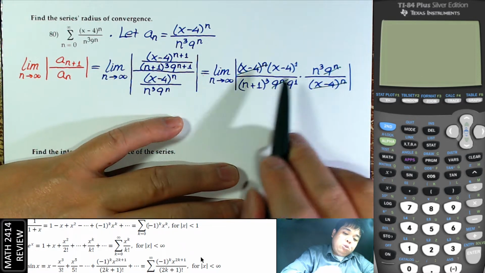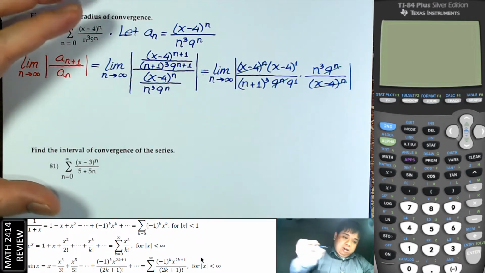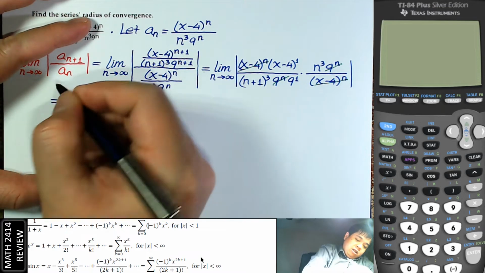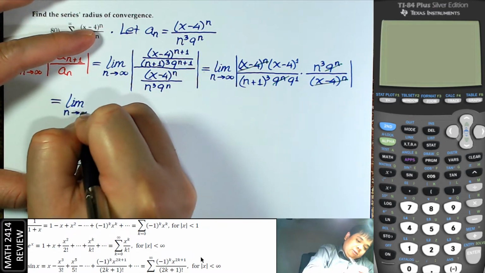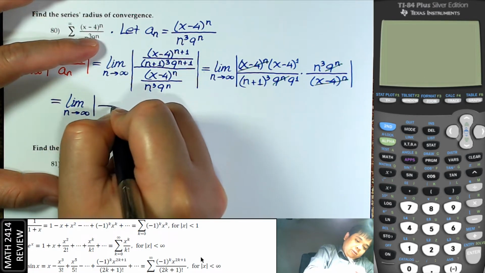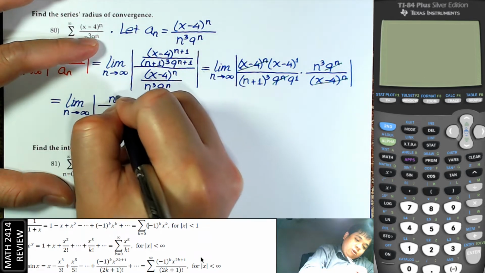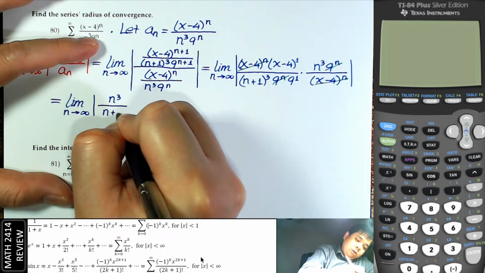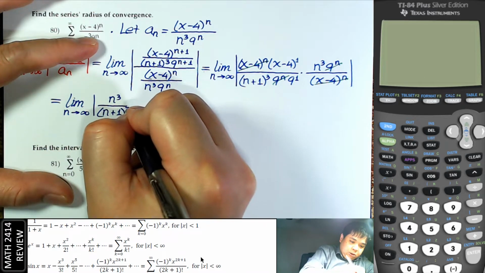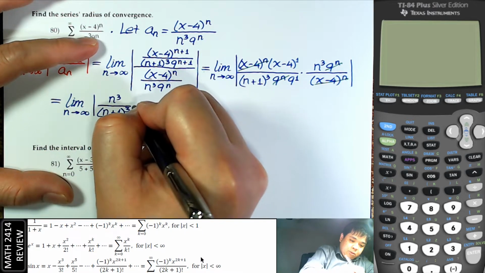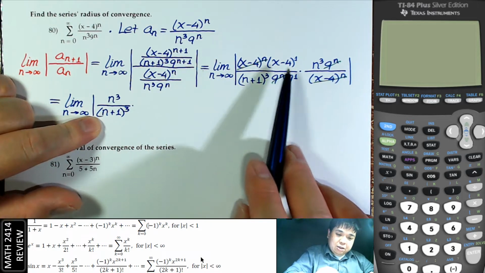The n cubed and n plus 1 cubed, I put them together. I have n cubed and n plus 1 cubed, those two have n in it. What else is x minus 4 over 9?